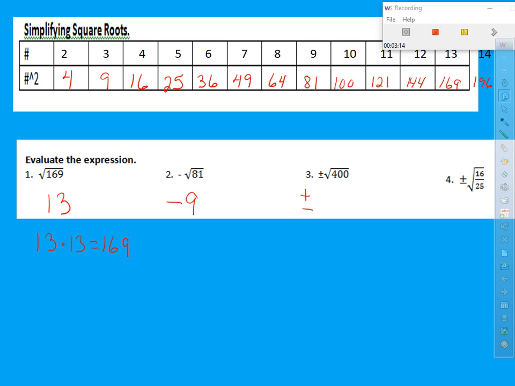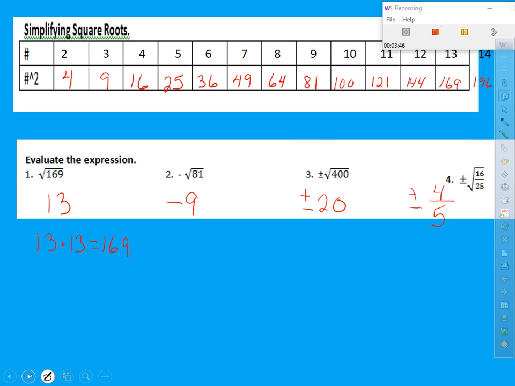Well, the square root of 400 in this case is 20. We could have typed that in your calculator if you need. And then number 4, don't be scared of fractions. I've got positive or negative. I'm going to think of this as the square root of 16, which is 4, over the square root of 25, which is 5. So there we go so far.